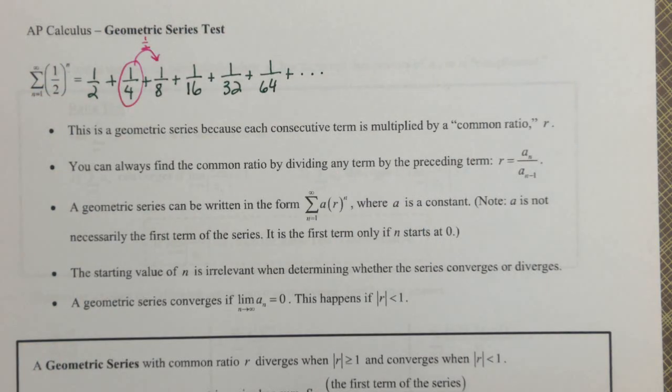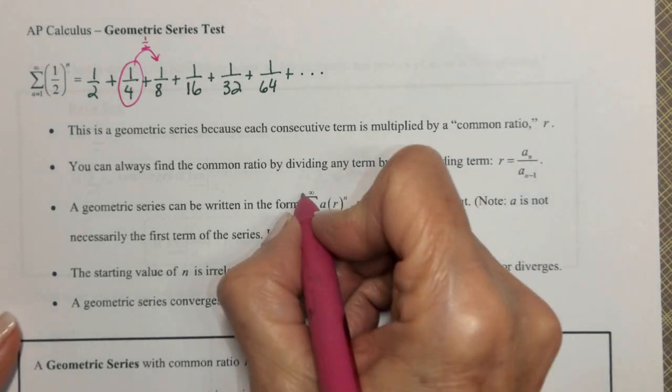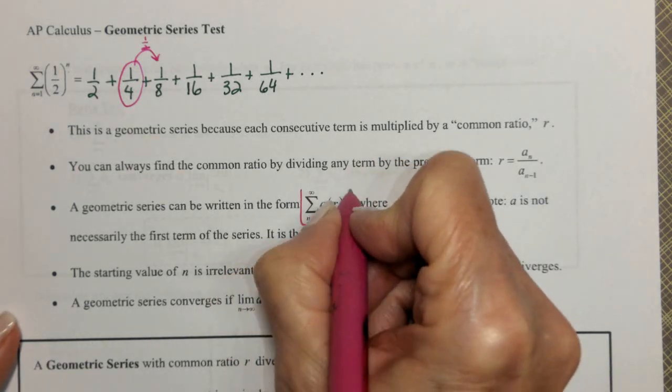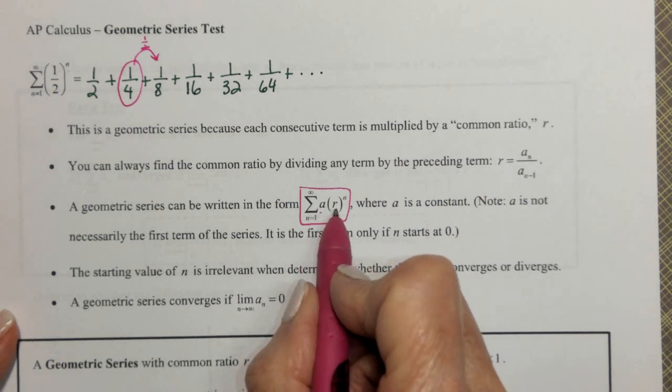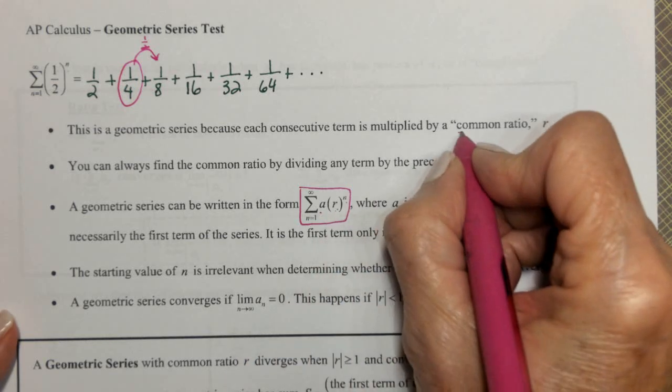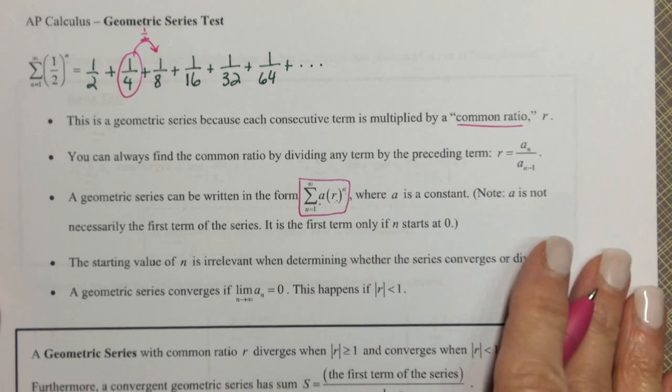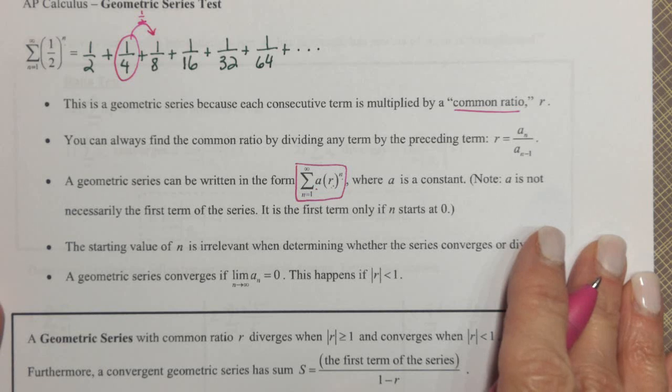A geometric series can be written in this form: a number times r to the n, where r is that common ratio. You can always find a common ratio by taking any term and dividing by the term in front of it.